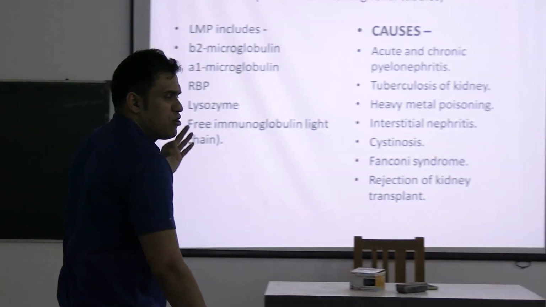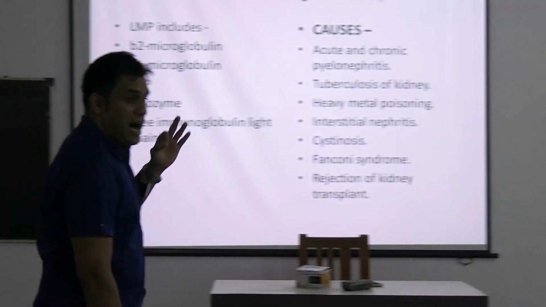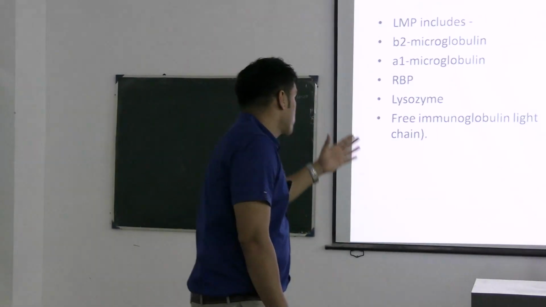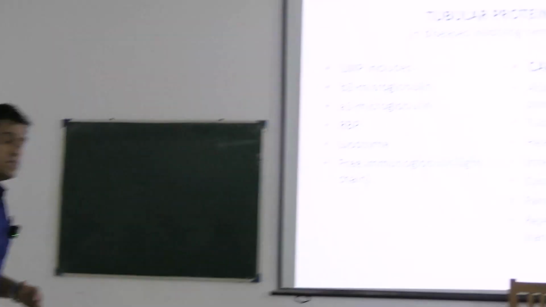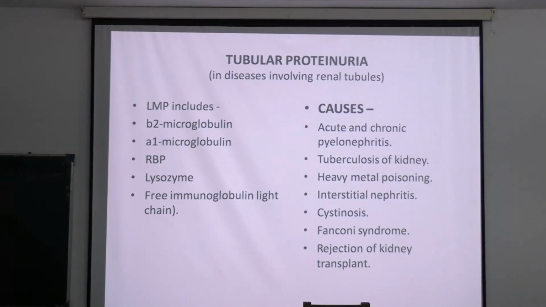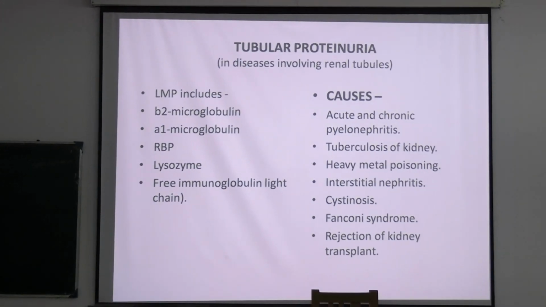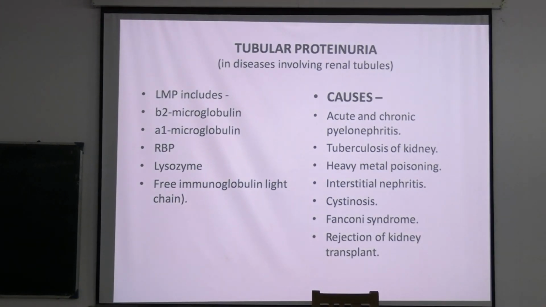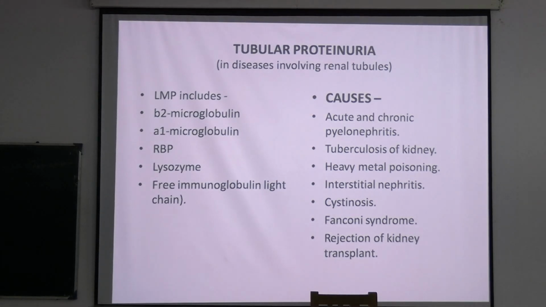So, what happens in tubular proteinuria is that very low molecular weight proteins, other than albumin and transferrin, even lower, probably beta 2 microglobulin, alpha 1 microglobulin, then lysozymes, RBP. What is RBP?